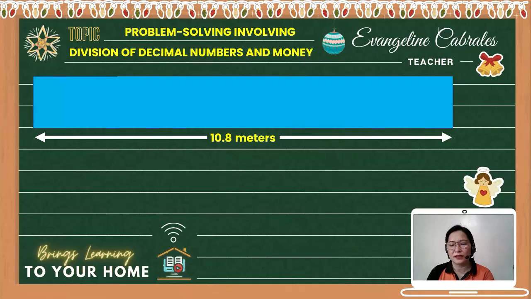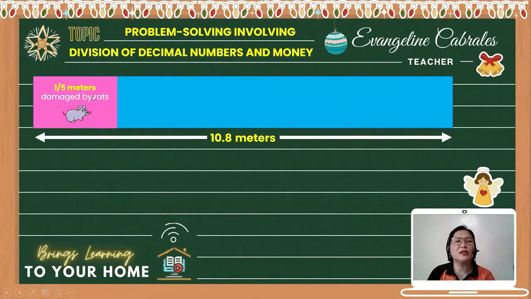Ito ang visualization. This blue rectangular object here represents the 10.8 meters of Gina cloth na binili ni Aryan. And then, sa 10.8 meters ng cloth na kanyang binili, 1/5 ay na-damage ng daga o kinagat ng daga. So, hindi na yun magagamit.